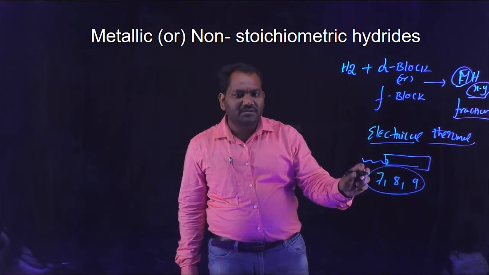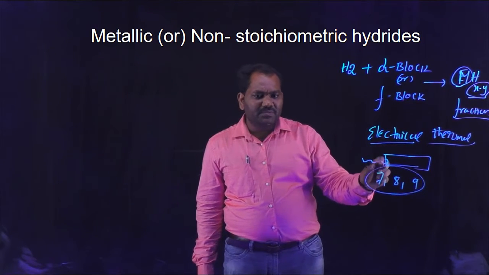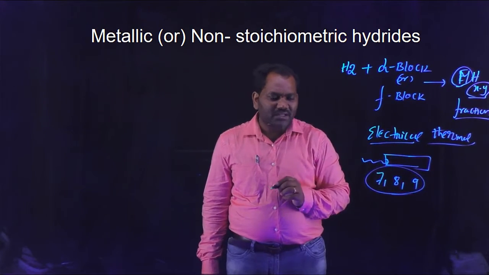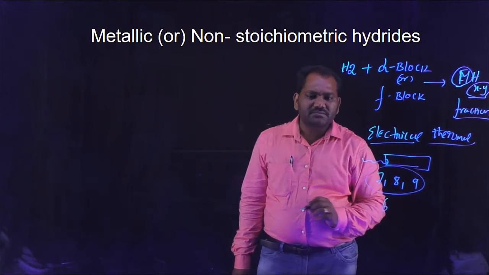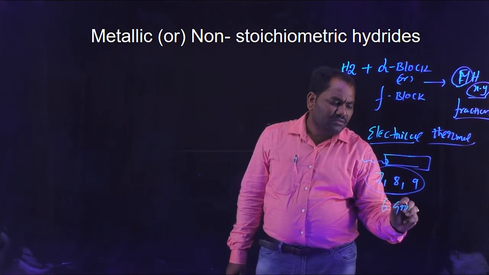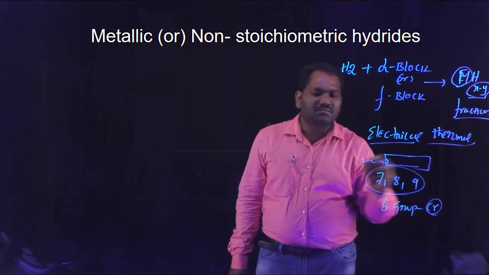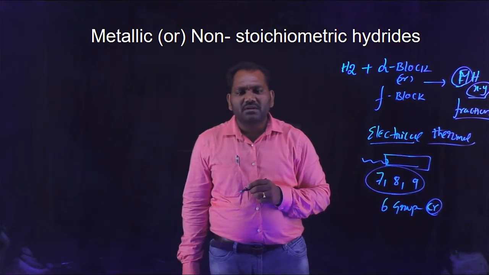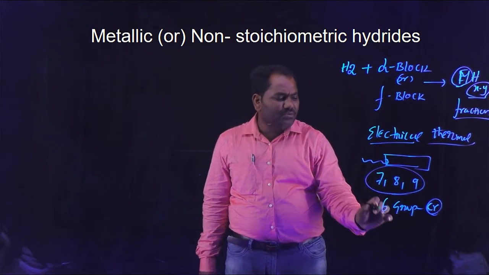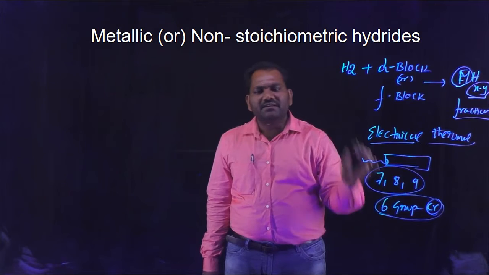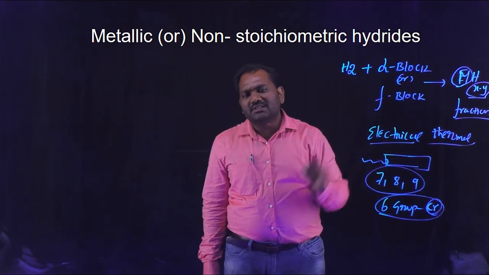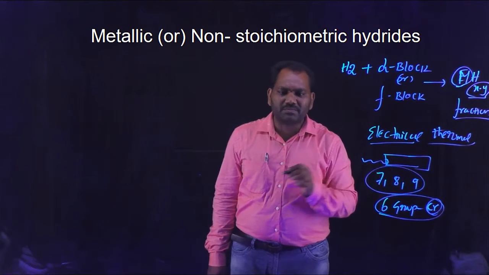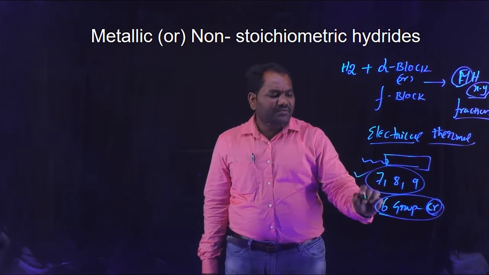Very important point, note it. In the 6th group, only chromium is able to form these hydrides. No element from the 7th, 8th and 9th groups forms these non-stoichiometric hydrides. These two points are very important.